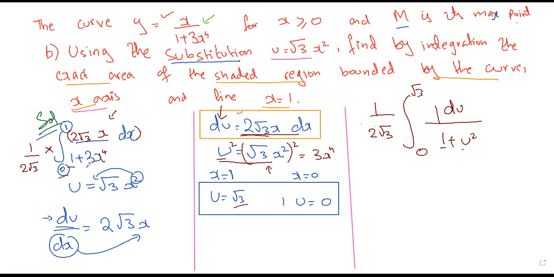This part has x, and I need to get rid of this x. So I will square u and I will get 3x to the 4, which becomes u squared directly. Wait, you're squaring root 3? Yes, so that will make it okay.